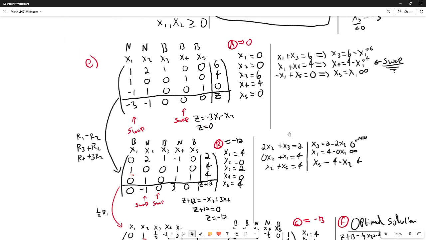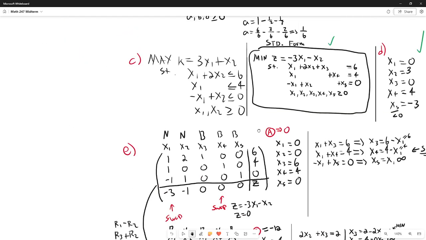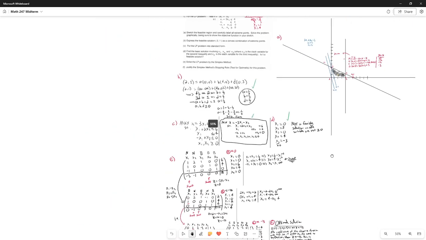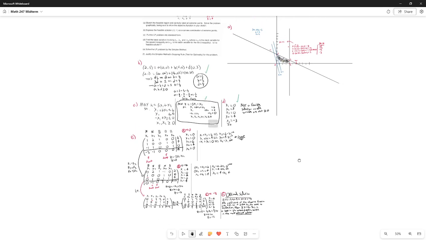Yep, no problem. All right, so this is the answer to number 1. All of that work is 60 points on the exam. So if you got this, you get a 60. Just don't spend the entire exam doing this, or else you're only going to get a 60.